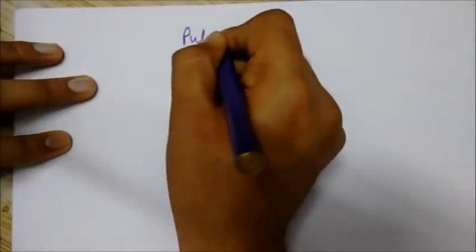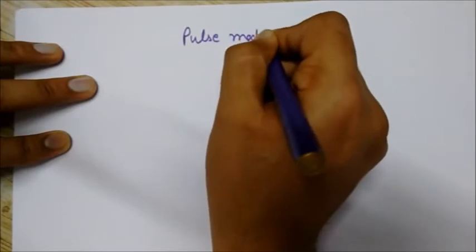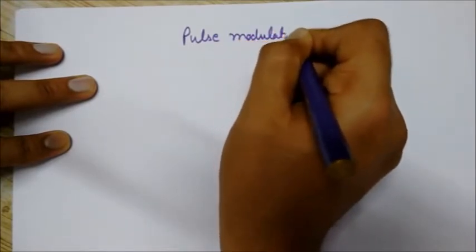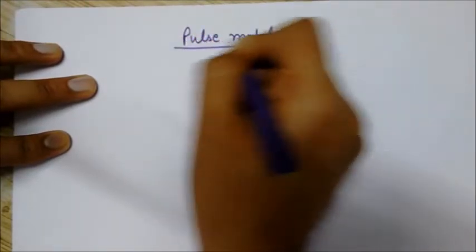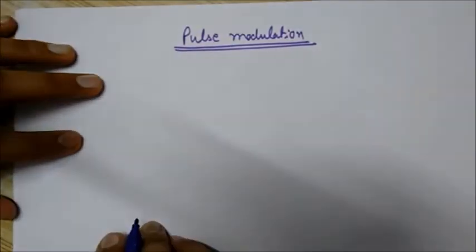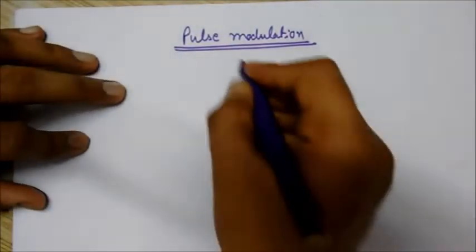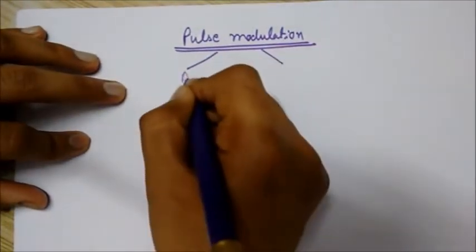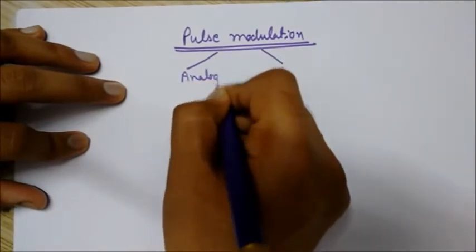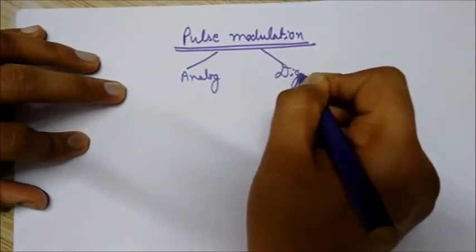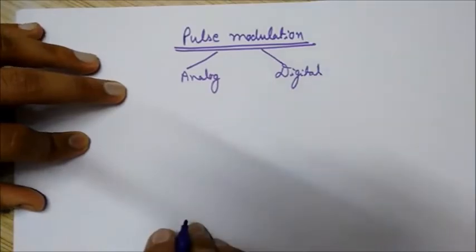Now we will discuss pulse modulation. Let's understand the concept of pulse modulation. Pulse modulation, as we have seen here, is again of two types, analog and digital.